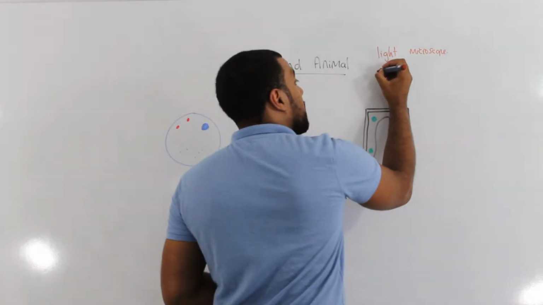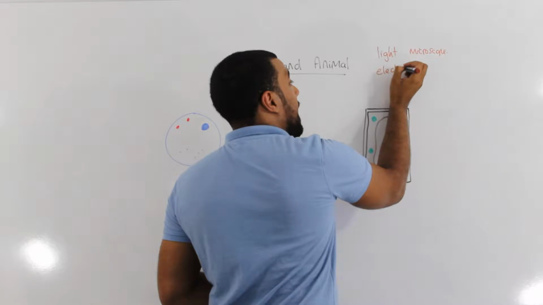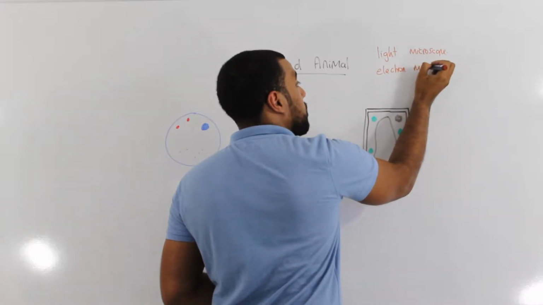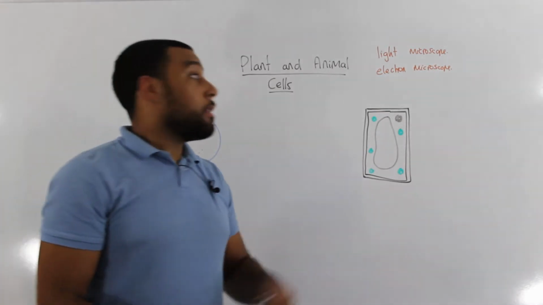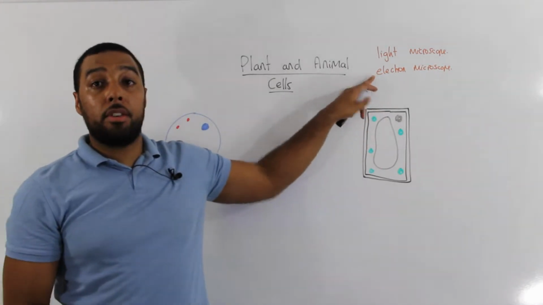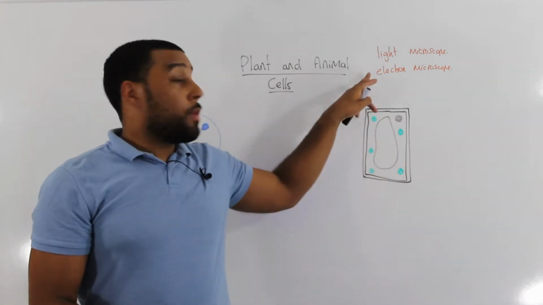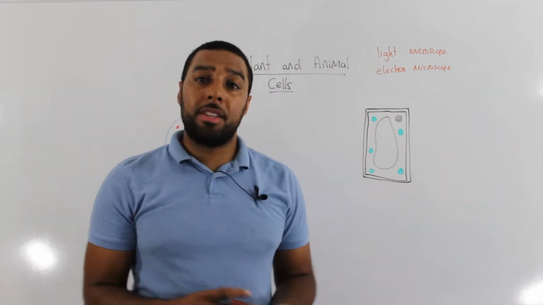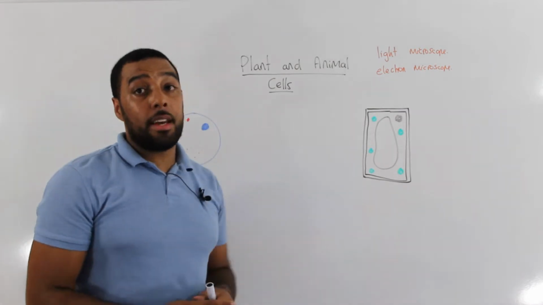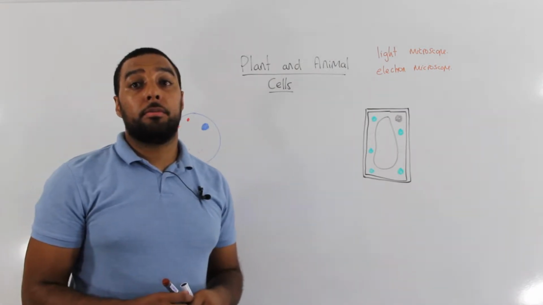Now, we use something called the electron microscope. The electron microscope has a more powerful magnification, and it also has a better resolution than the light microscope. So we're able to see a lot more detail in cells.